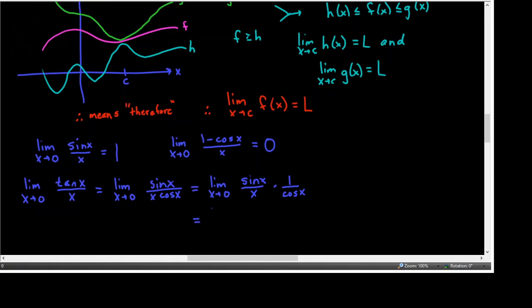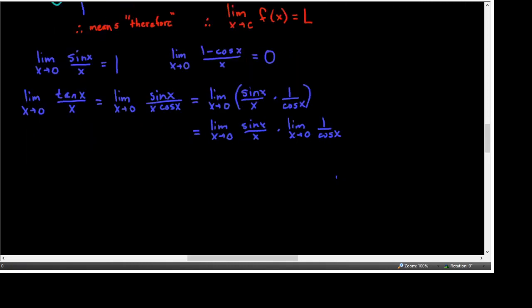And since it's a product, we know that we can use one of the properties that we learned earlier to say that this is the limit of the first function times the limit of the second function. I'll probably put parentheses around that for clarity.